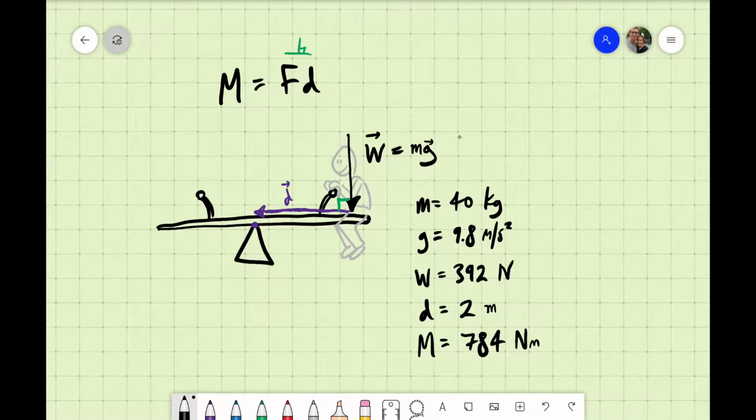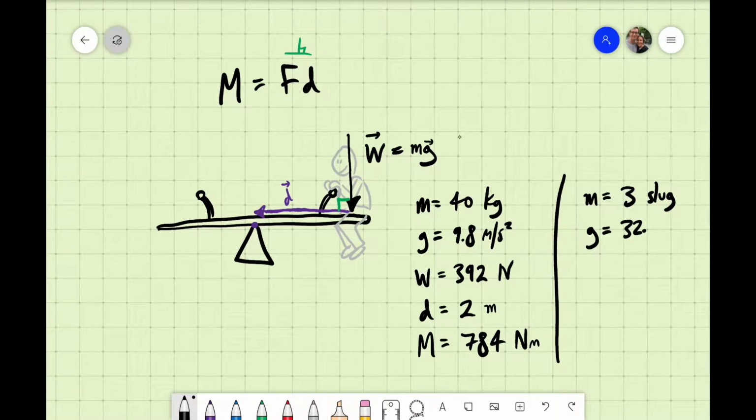Let me just show it to you in US customary units, like a similar thing. Let's say the kid has a mass of, I don't know, 3 slugs. I remember we got kind of caught up on these slugs and pounds and all that nonsense. G in US customary is 32.2 feet per second squared.